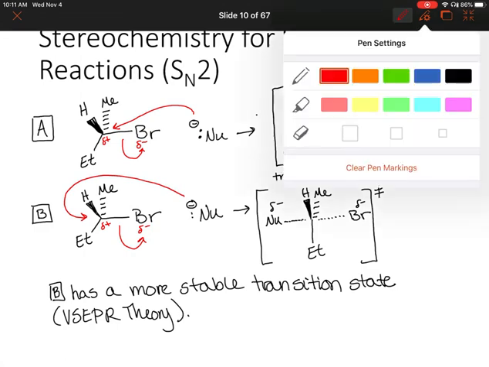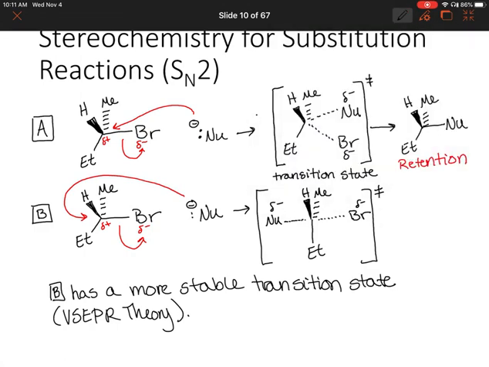And of course, bromine is hanging out, so we can draw the bromide ion down below. And then in the other reaction, reaction B, the nucleophile attacks from behind. So that's going to push the hydrogen, the methyl, and the ethyl group in the opposite direction from where they started.